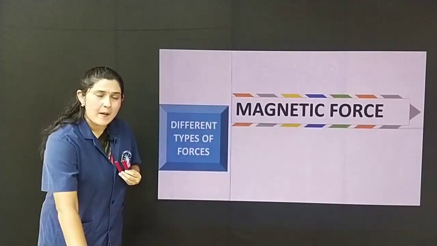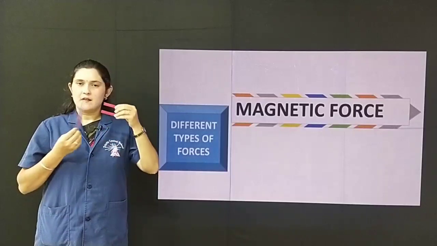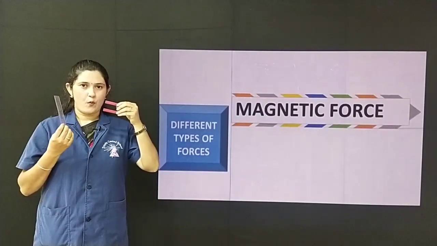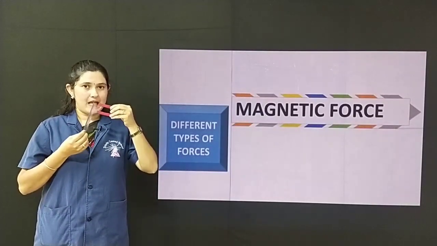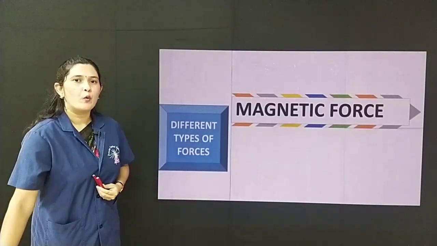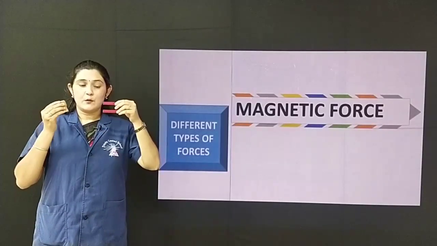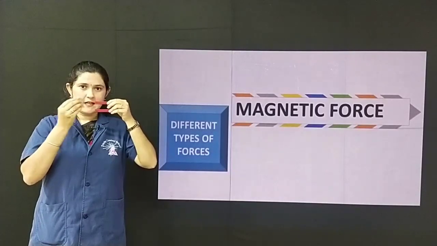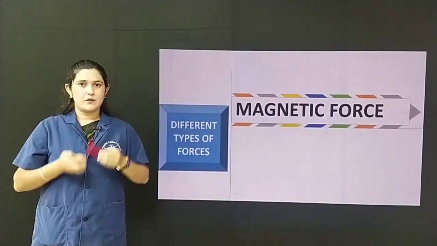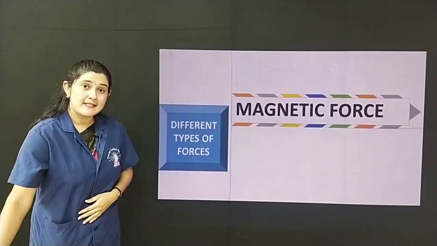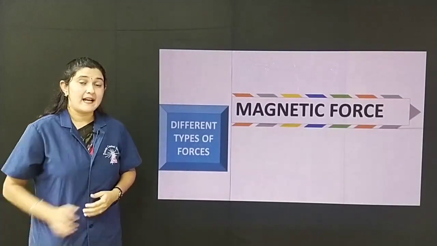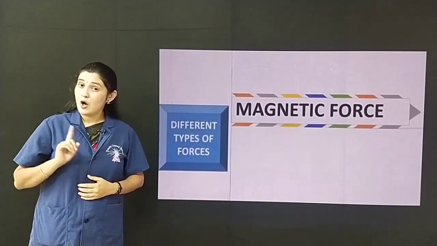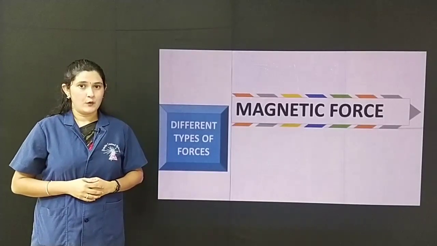Will it attract plastic? No, it does not attract plastic. What about wood? Here is a wooden piece. Will it attract? No, it does not. So you can say that the magnet only attracts metals and not plastic and wood.